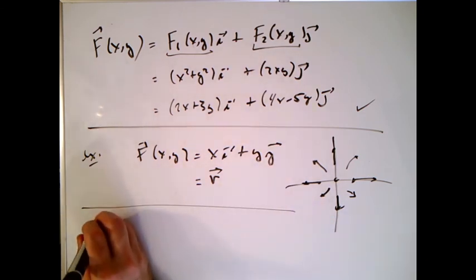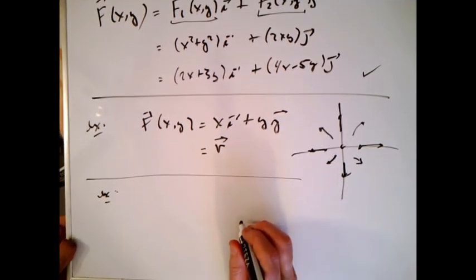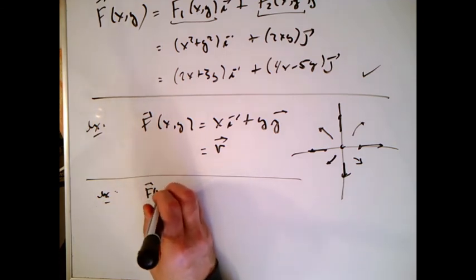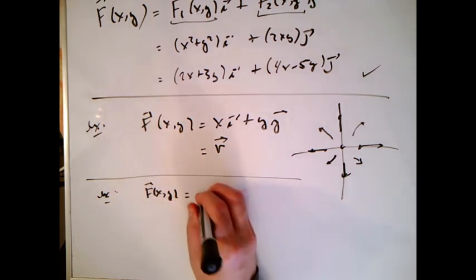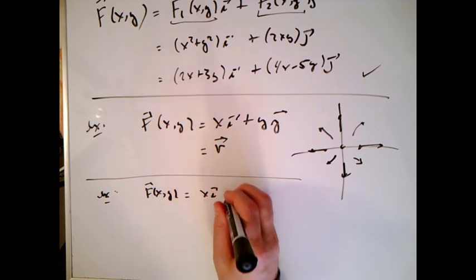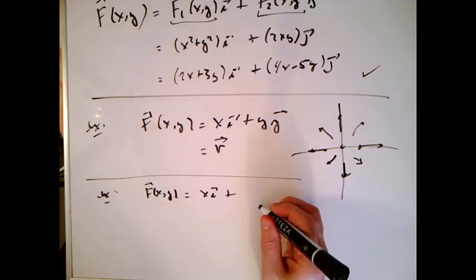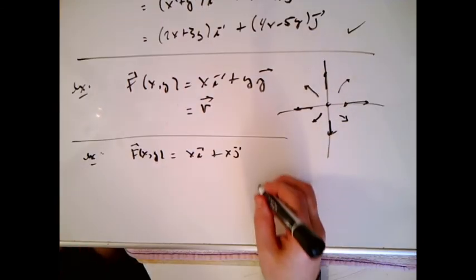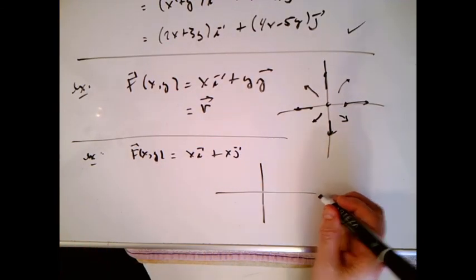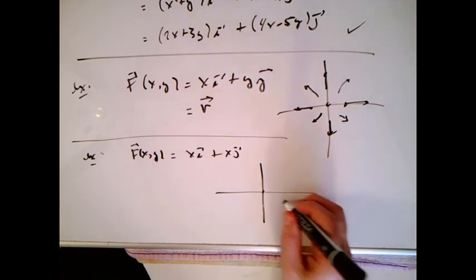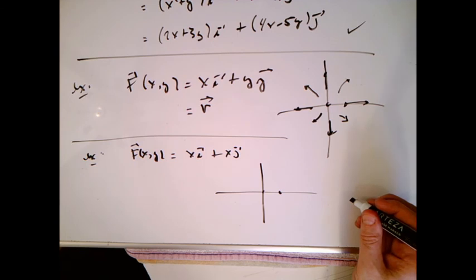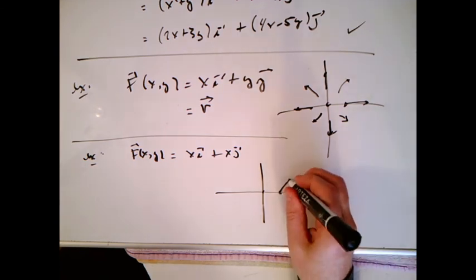One more where we just try to draw something that only has one variable in it. How about something like xi plus xj? And we'll just try to plot a couple points and see what happens. When we put in 0, you get 0. When you plug in the point 1, 0, you get the vector 1, 1, like that.